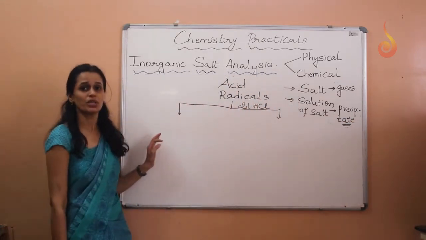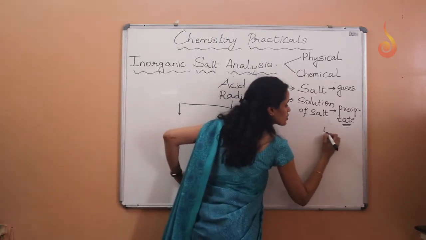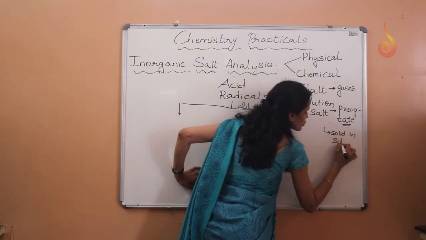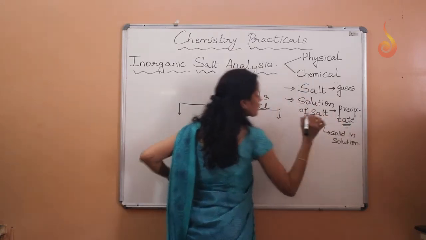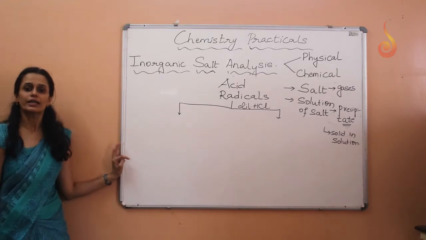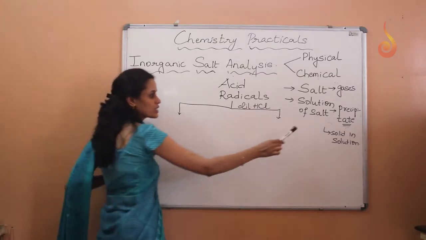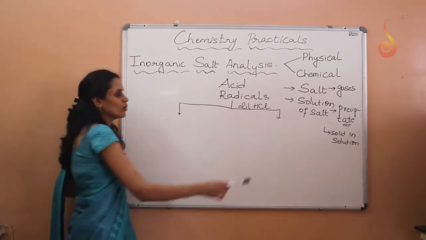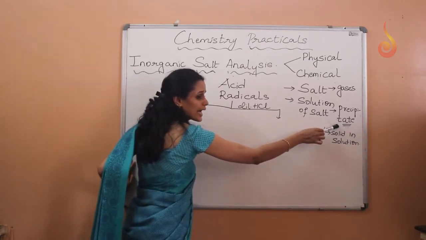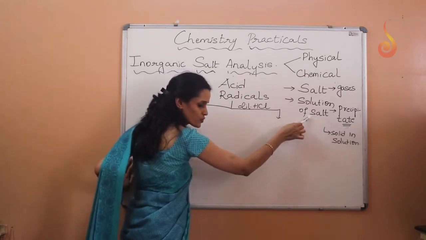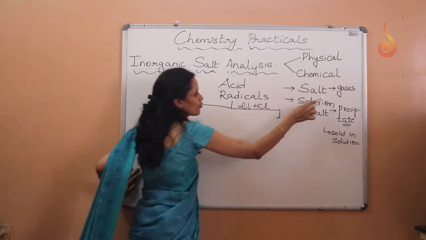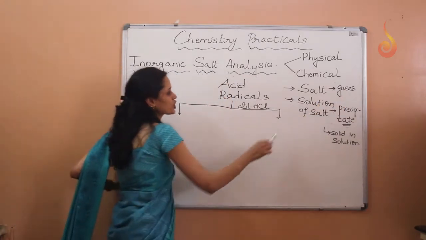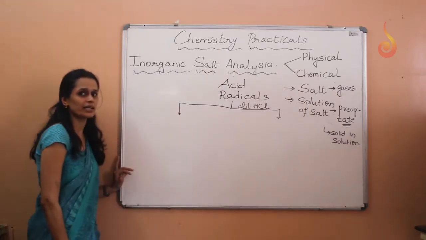A precipitate is nothing but a solid which is formed in solution due to a chemical reaction. In certain tests where we observe precipitates, we use a solution of the salt, but in certain tests where we observe liberation of characteristic gases, we use the direct salt.